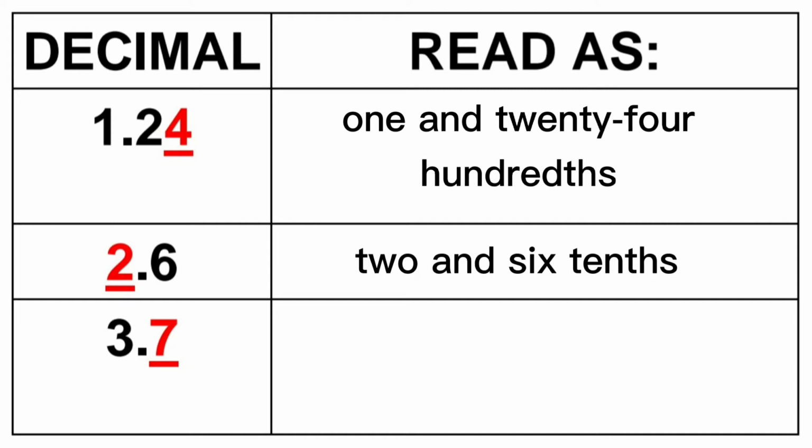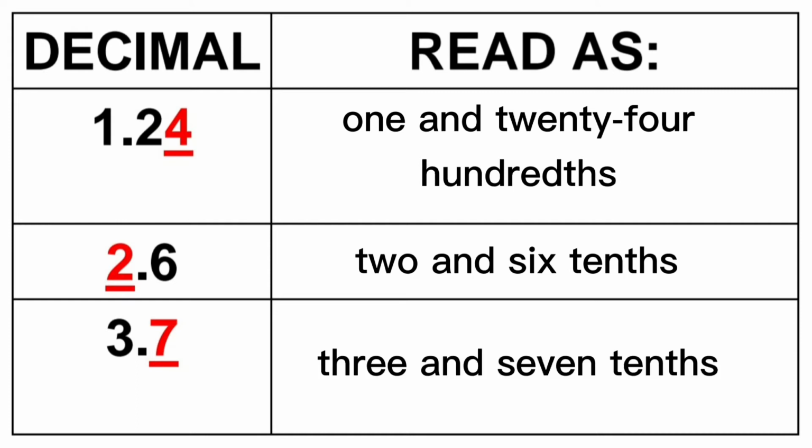Let's clap our hands, guys. Okay, let's move to the last decimal. So, how do we read the last decimal number? Okay, it seems a lot of you want to answer. Please raise your hands. Okay, Alan, what's your answer? 3 and 7 tenths. Okay, very good, Alan.